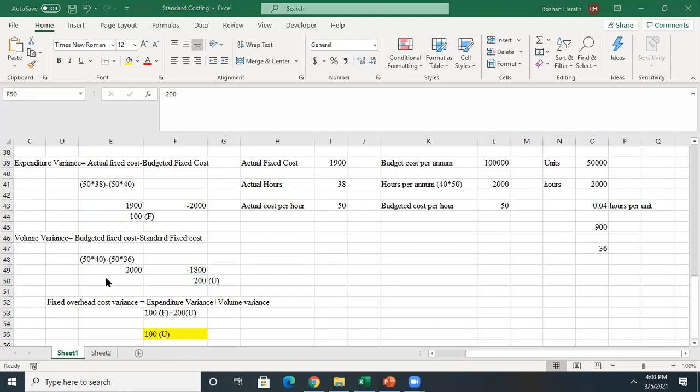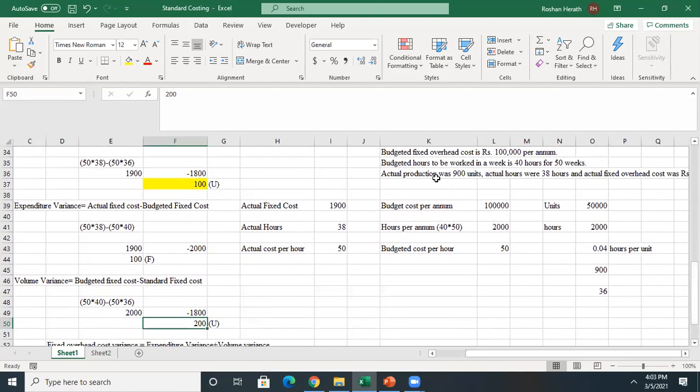Good. So this 36, how it comes, is about the standard fixed cost. The standard fixed cost means, for the actual production, how many hours must be allowed. The actual production is 900 units. If your actual production is 900 units, earlier we worked out how many hours to be allowed as per the standard, and that must be 36 hours.